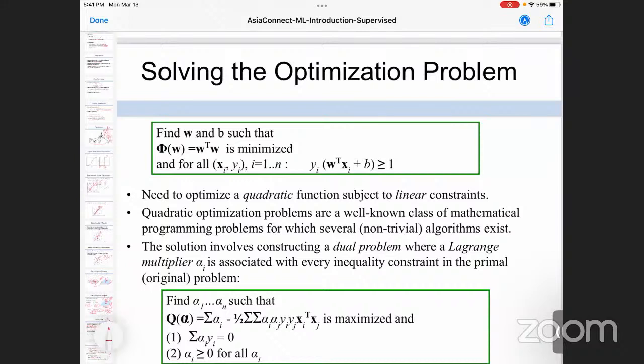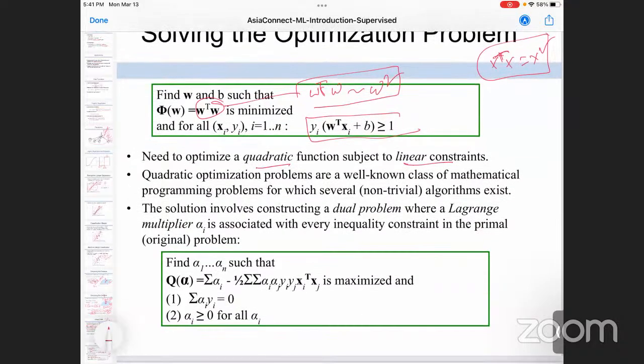Quadratic function means this is w squared, right? w transpose w equals w squared. If you know linear algebra, a transposed matrix multiplied with itself is the square. So under this constraint, this is a quadratic function with some linear constraints, and you can solve this problem using the Lagrange formulation.